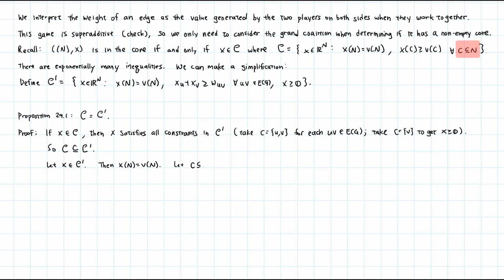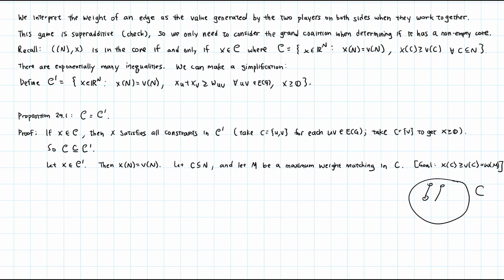We now let C be any subset of N, and let M be a maximum weight matching in C. The goal here is to show that x of C is at least v of C, which is equal to the weight of M. We see that C consists of some matching edges in M, and possibly some vertices that are not in M. So x of C, which is the sum of all the x values of all the vertices in C, is at least the sum over all edges uv in M, x of u plus x of v.